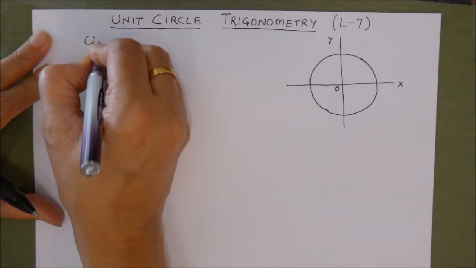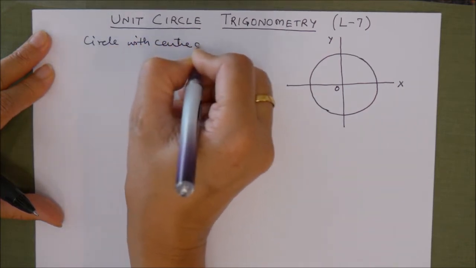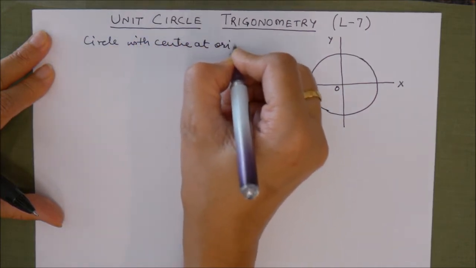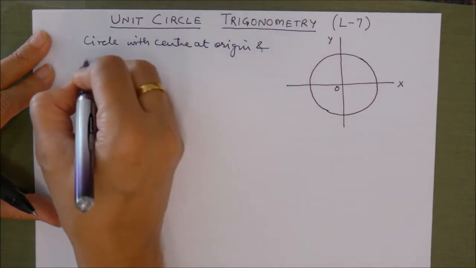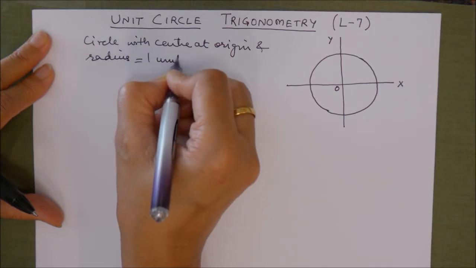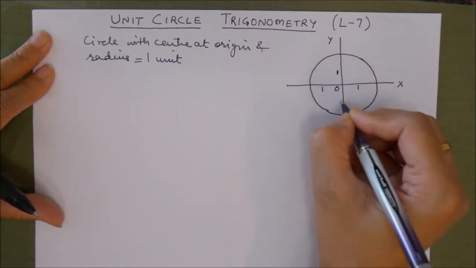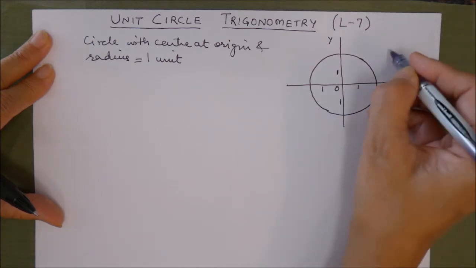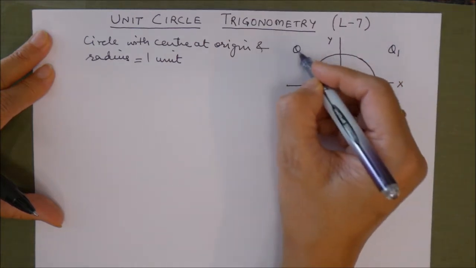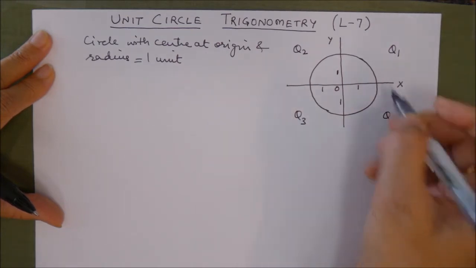So circle with center at origin and radius is 1 unit. So that means this length in each case is 1 unit, and this is the first quadrant, second quadrant, third and fourth quadrant.